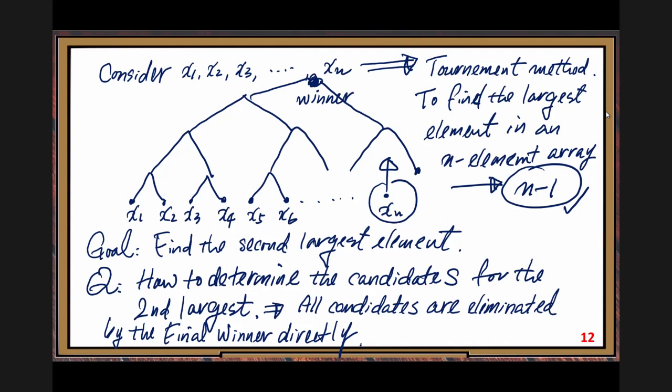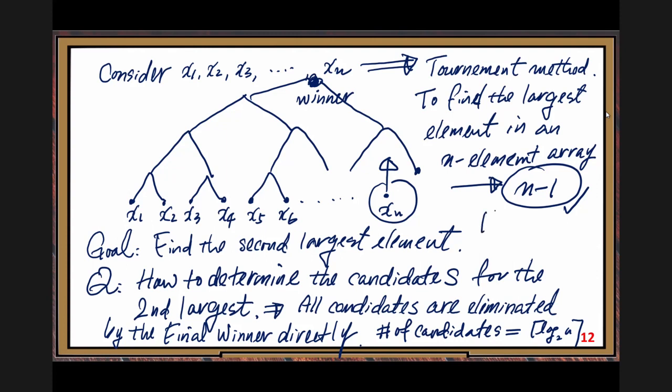So then the number of candidates is the ceiling of log base 2 of n, because you consider the idling case. So you take the ceiling function. With this many candidates, now you find the largest one among the candidates.